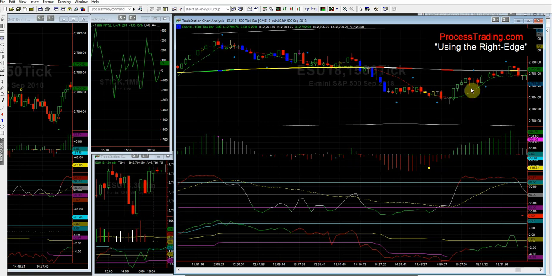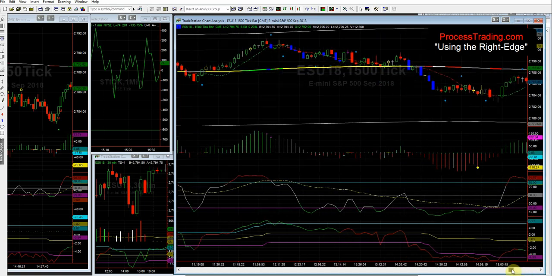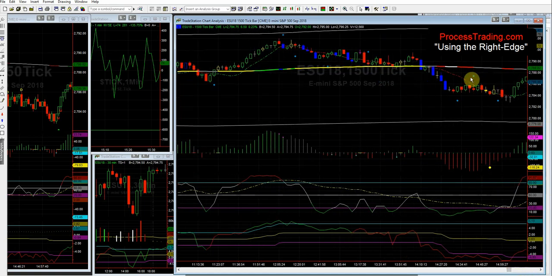So all in all, those are the trades for today. A couple good trades. One trade that didn't work out, which was this one. But if you traded with the system, that's the way the system worked. It got you into this trade, let you place your order, and then it got you out of this trade.